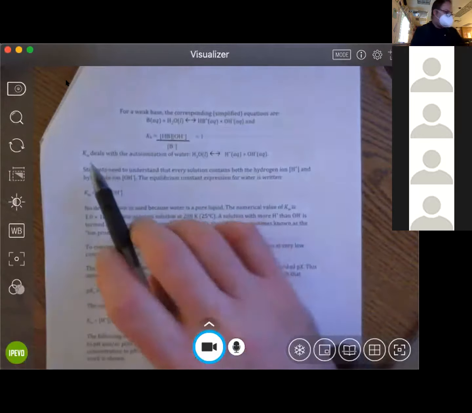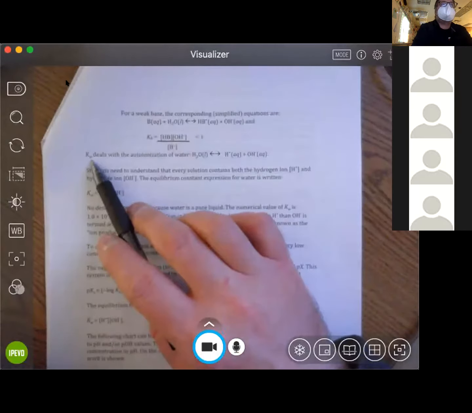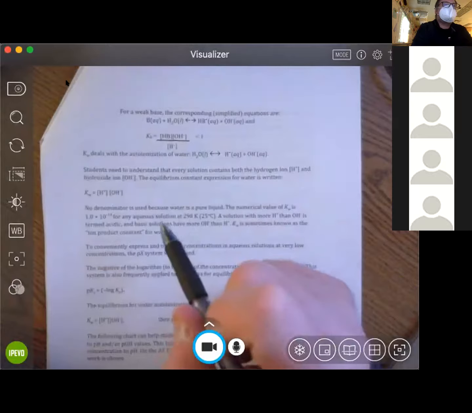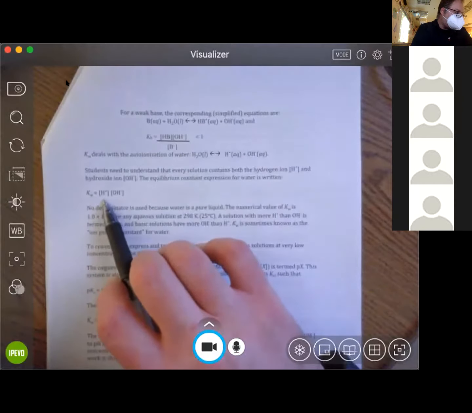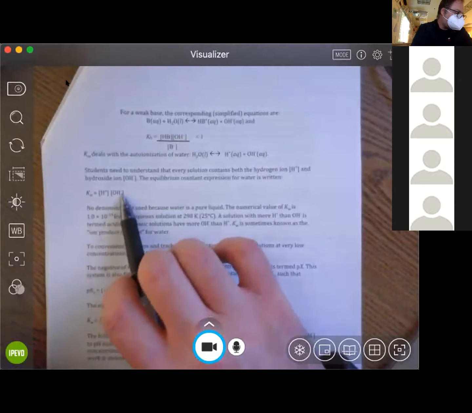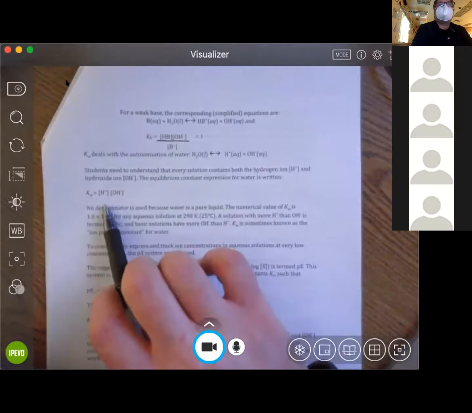Now Kw, because water is so important, this is the self-ionization constant for water. So Kw equals hydrogen ion concentration times the hydroxide ion concentration. Again, there's nothing down below it because water is a liquid.